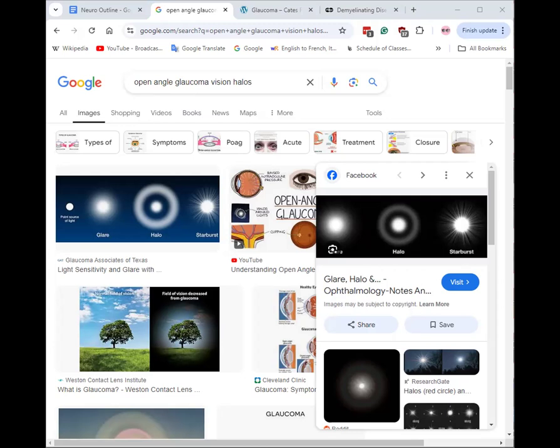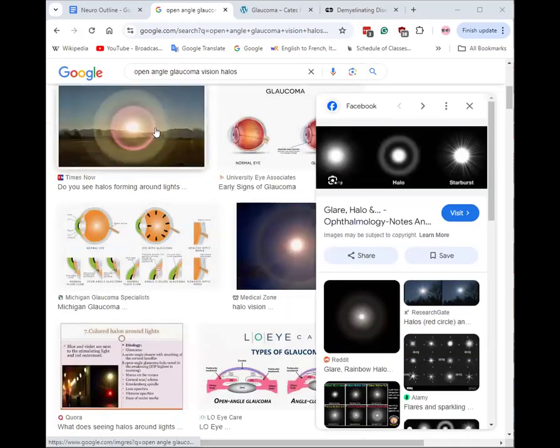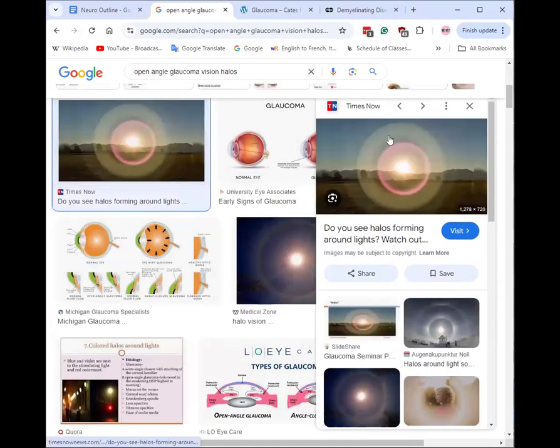Oh, it was about cataracts, but the halos are associated more with your glaucoma. Here's an example of the halos. Maybe I can put this picture in.